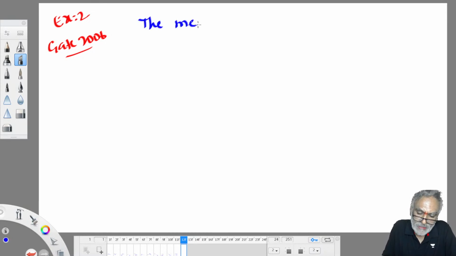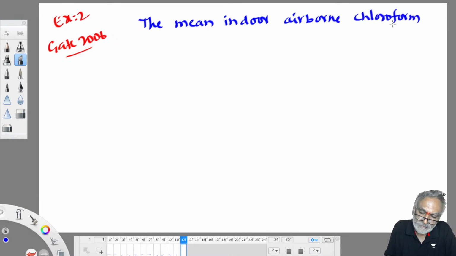Chloroform formula also given, CHCl3. GATE question, with crystal clear clarity you will find the question.